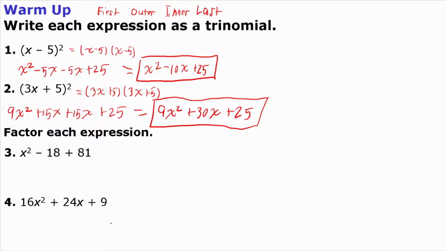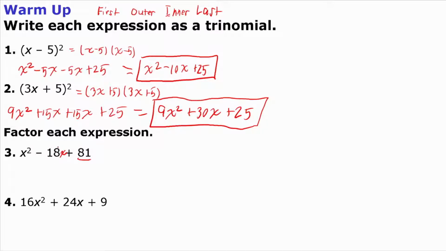So next up, we need to factor these expressions, which is doing the opposite of what we just did. So we want to make it from this expression to a binomial, right? So in order to do that, we need to figure out what numbers can multiply together to give me 81 and add together to give me 18. Actually, there should be an x here with this.